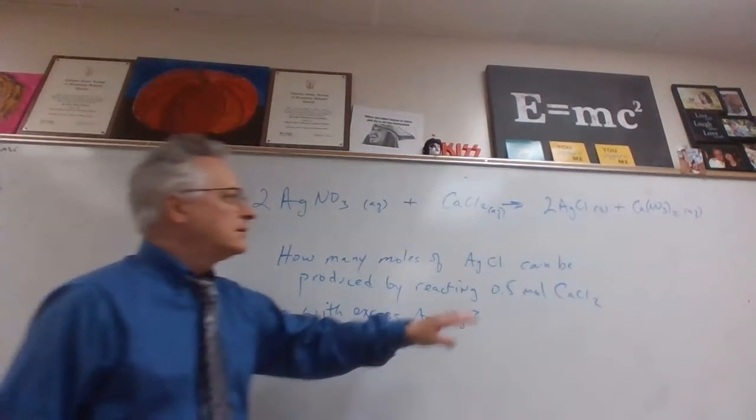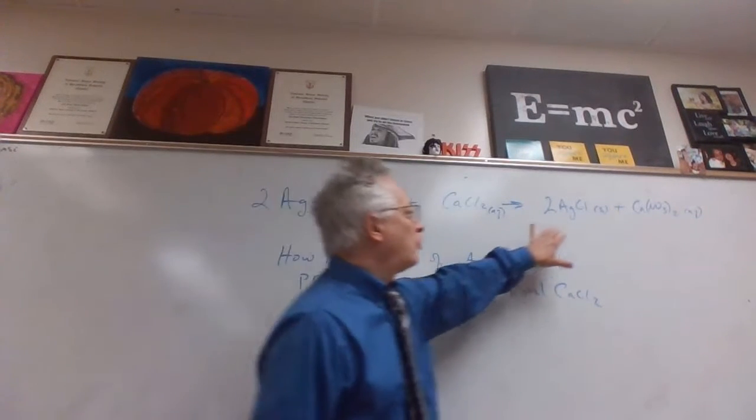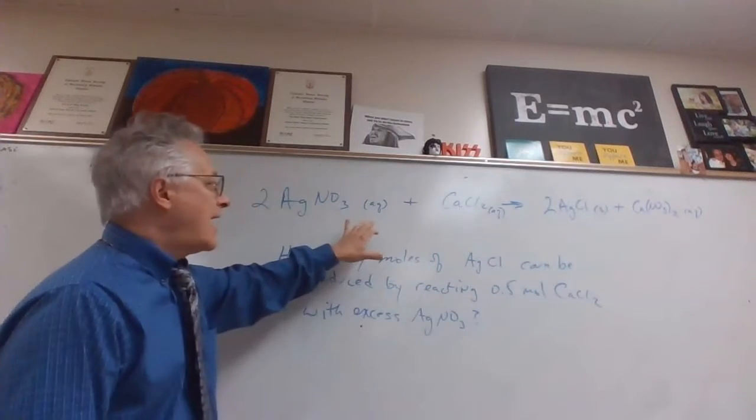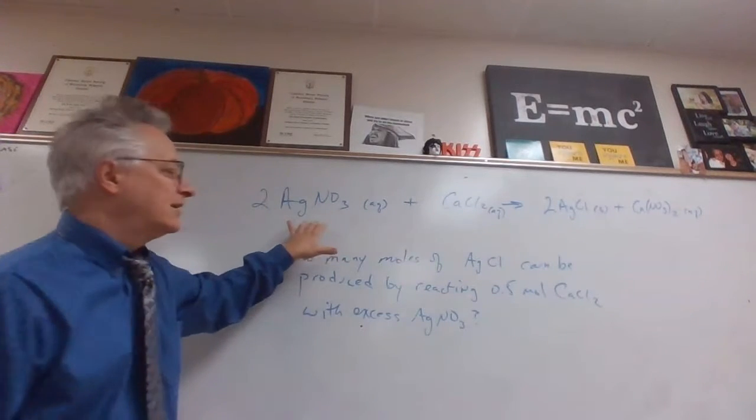How many moles of silver chloride can be produced by reacting calcium chloride with excess silver nitrate?